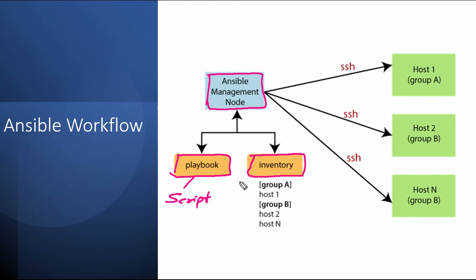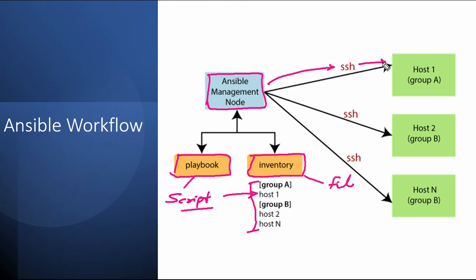The inventory is a file which contains information about what kind of group and what kind of devices I want to use in my script. When my script executes, it will pick up the device name from the inventory file, and then do SSH to the remote devices.